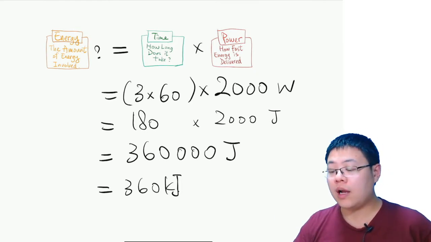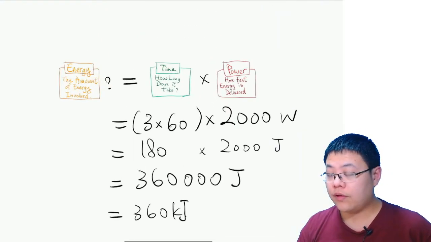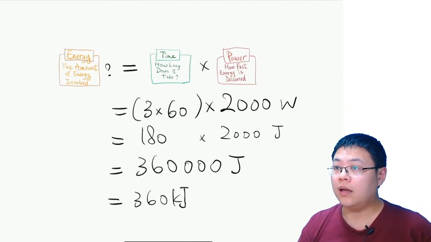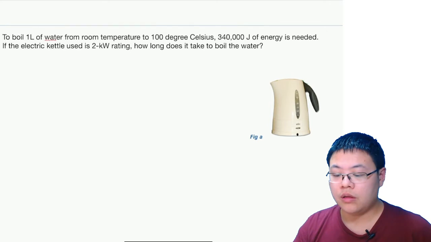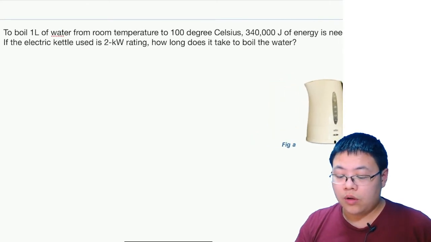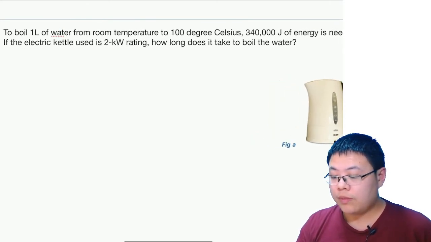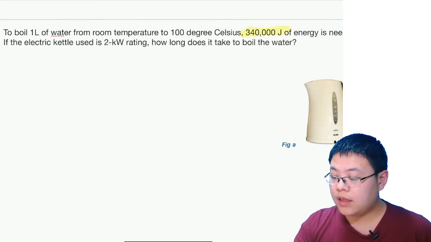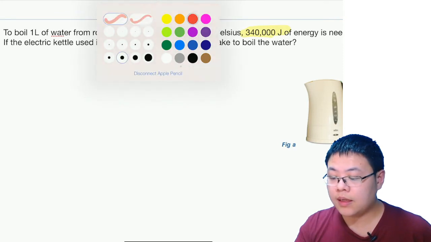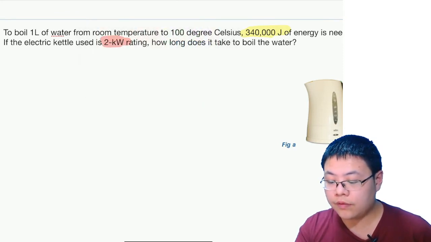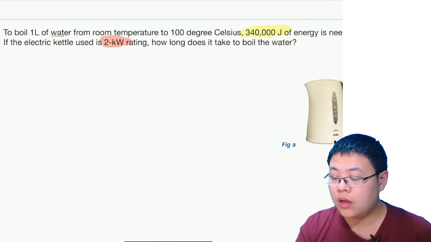I have to do it twice because I am afraid the first time is not clear enough. Okay, let's do one more question. To boil 1 liter of water from room temperature to 100 degrees Celsius, this amount of energy is needed. And once again, the power of the kettle is 2 kilowatt.